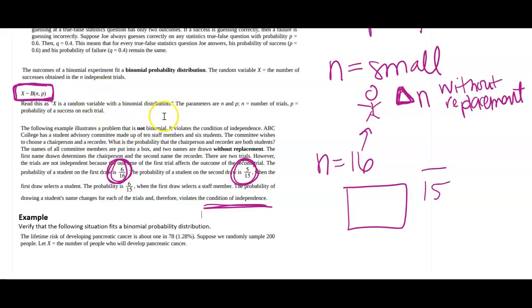We'll talk more in class about when n is really large, that without replacement doesn't matter, but for the context of this situation, if n is really small, such that when you take somebody out of the pool that you're choosing from, it changes the denominator, then we say that those are not independent events.